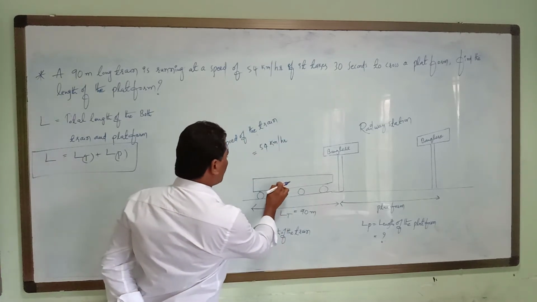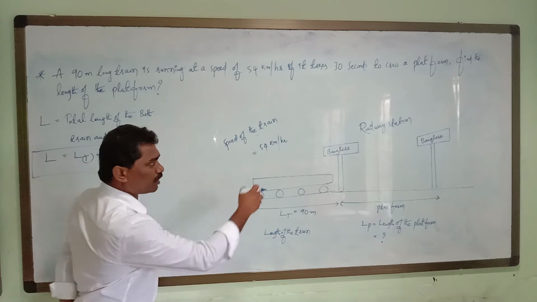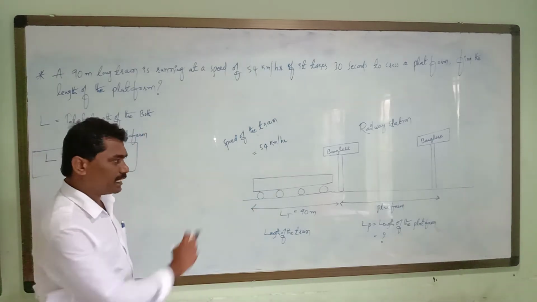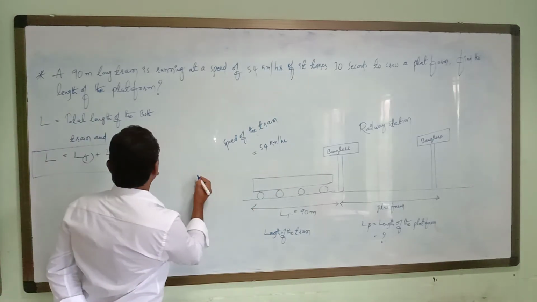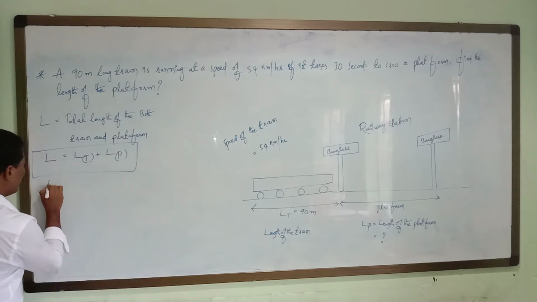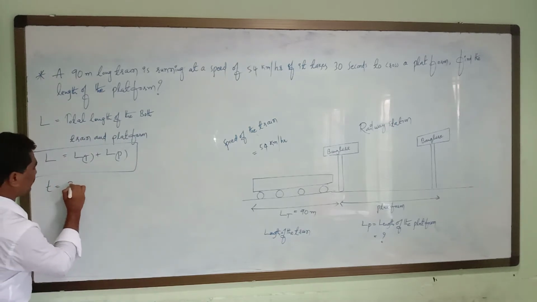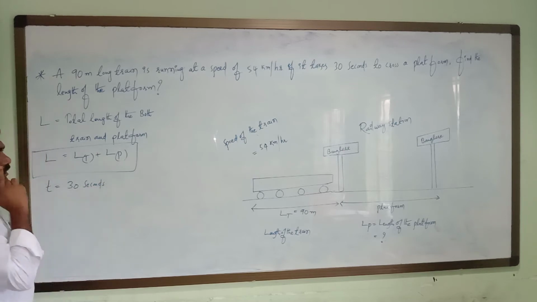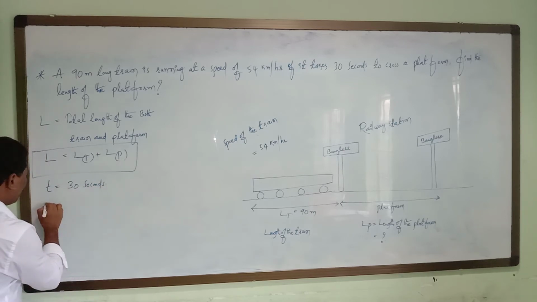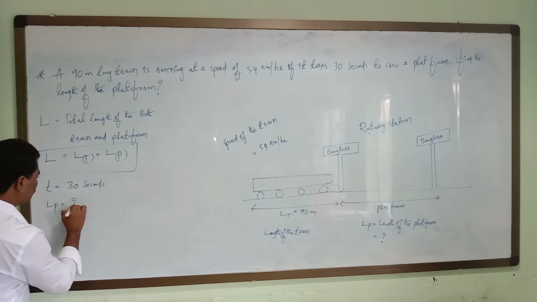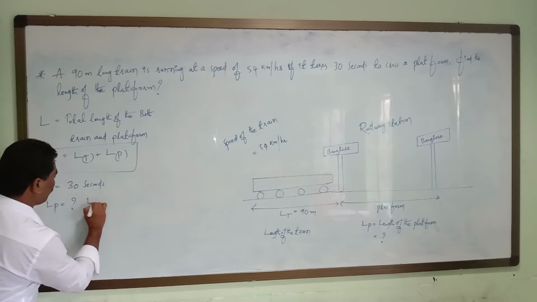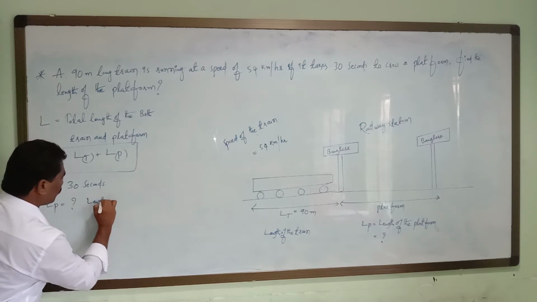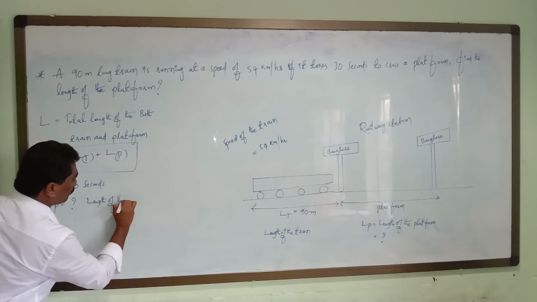What is the time taken by the train to cross the railway station platform? That is time t, which is given as 30 seconds. Here the length of the platform should be calculated.